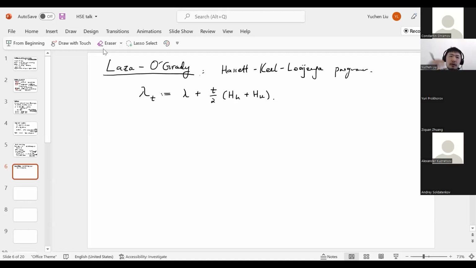If you remember the Hassett-Keel program, you start from the log canonical divisor of M g bar, not actually the Hodge line bundle, which is always ample, and then you decrease the coefficient of the boundary divisor.